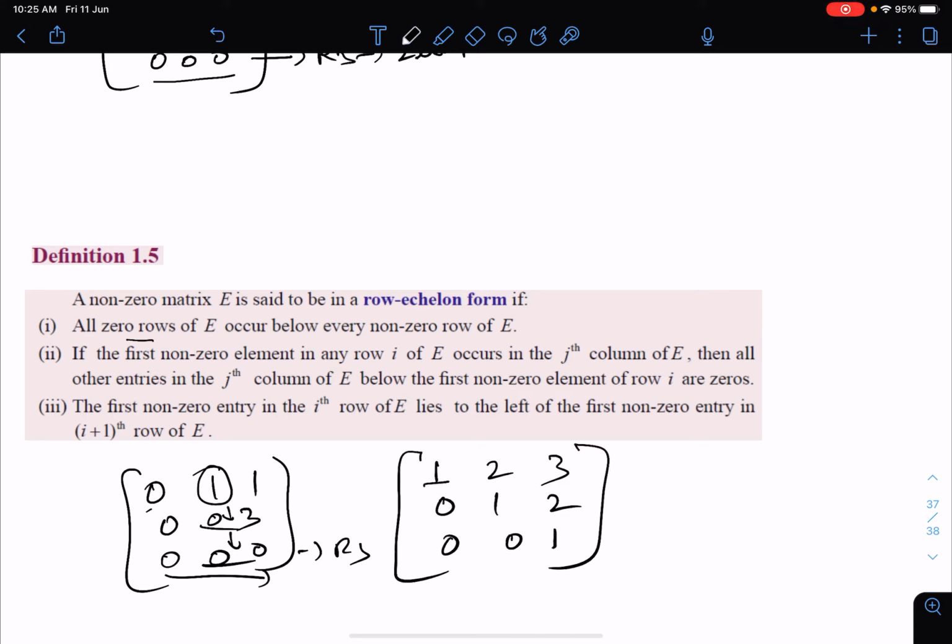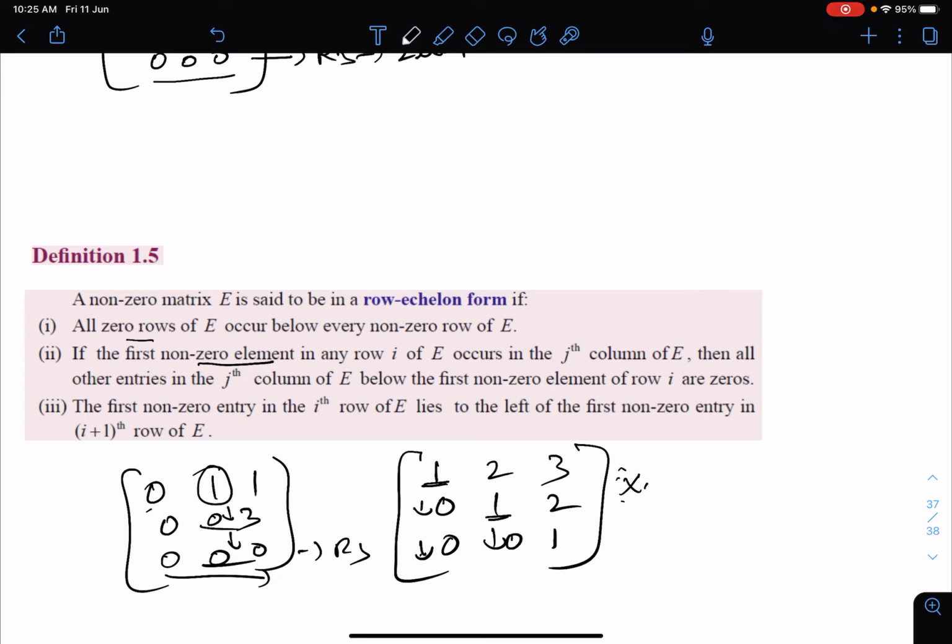This is our first non-zero element, so below this is also 0, this is also 0. In the second row, this is the first non-zero element, so below it is also 0. Below every such first non-zero element, all the other entries in that column should be 0. This is a very, very important point you have to remember.